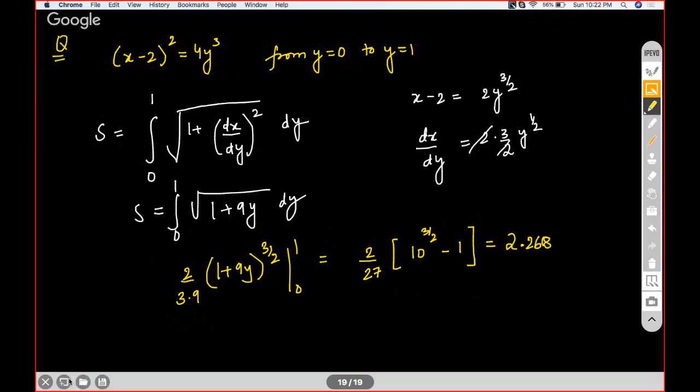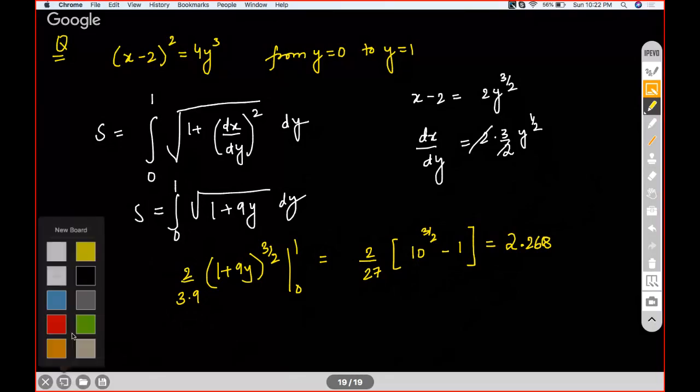Okay, one last question for today. The position (x, y) of a particle at time t is given as x equal to t² and y equal to t³/3 minus t.